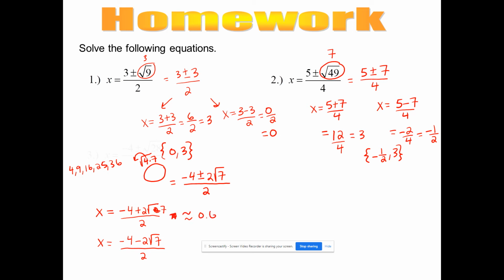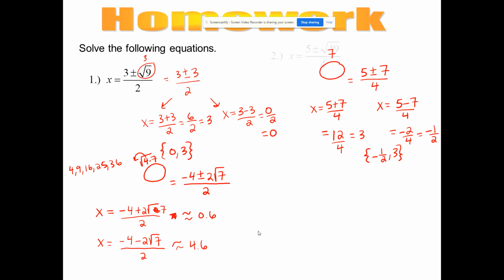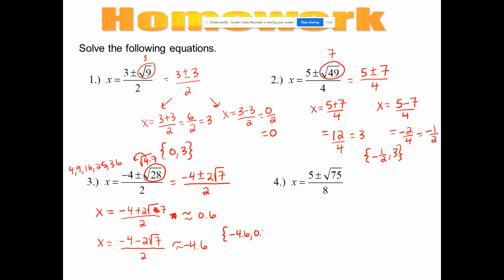So 0.6, and then the other one was -4.6. So in order, -4.6, comma 0.6.